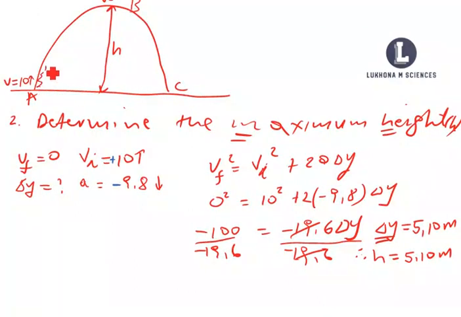So the distance traveled is A, B, C. Which means to calculate the distance, you have to add the distance of AB and the distance of BC.